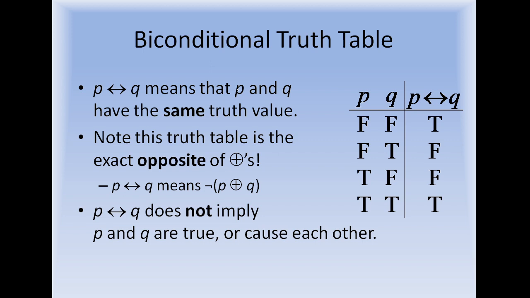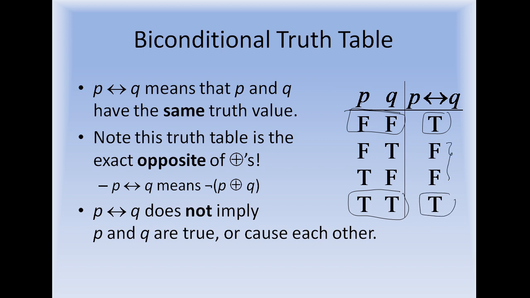Now let us go for the truth table. What do you have to remember while writing this truth table? If both P and Q are having the same truth value, then it is true.